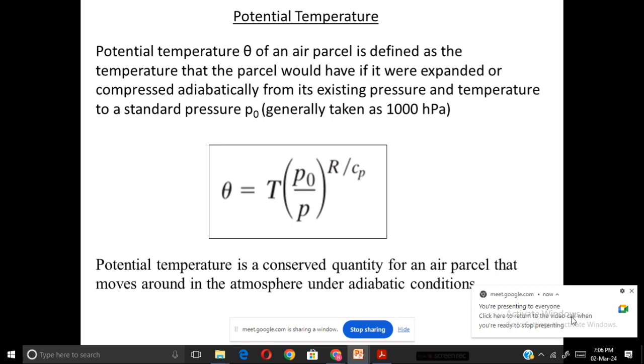As we discussed, there are two gas constants: one is the specific gas constant for dry air, which has a value of 287, and another for moisture, which was 461. These came when we consider the specific gas constant for 1 kilogram of a particular gas.